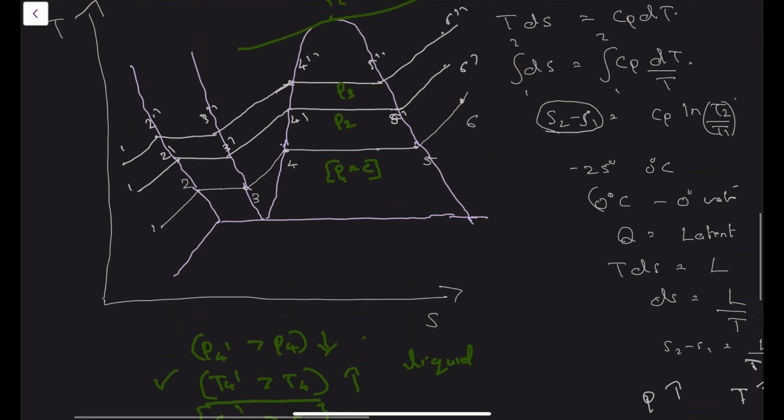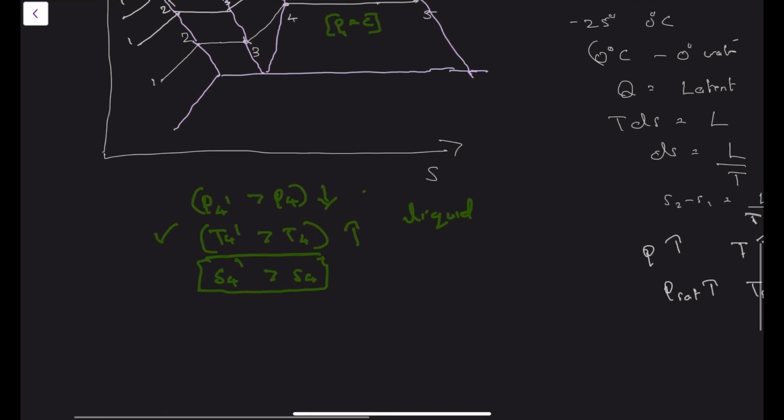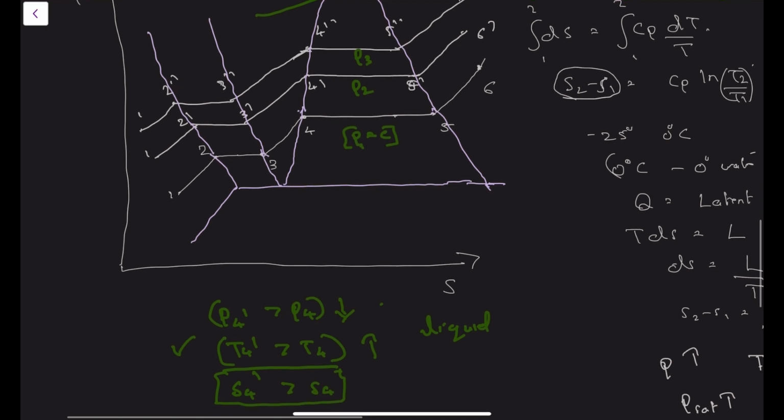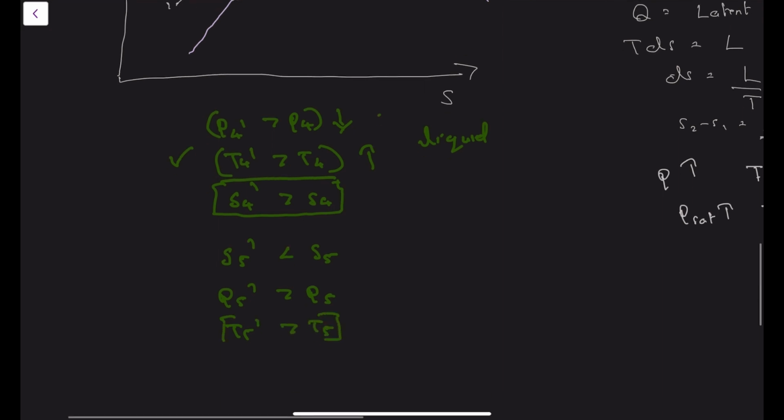But if you look here, you can see that S5 dash is less than S5. Okay, why is it so? It is because the pressure P5 dash is greater than P5, and also T5 dash is greater than T5. And we have seen that temperature causes the entropy to rise and pressure causes entropy to decrease.